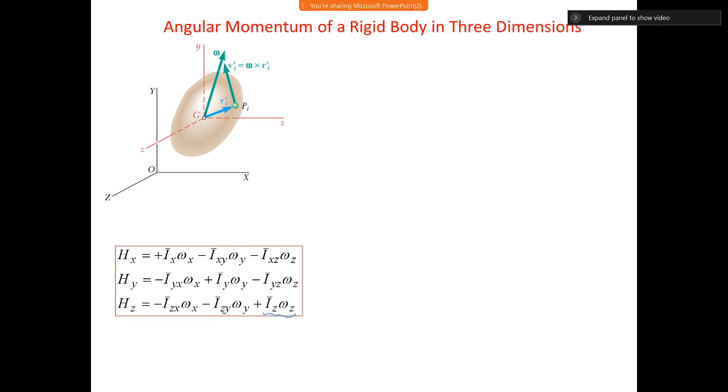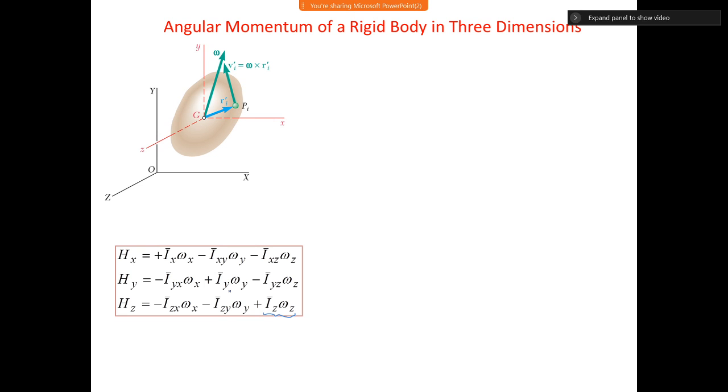But now, if the object is non-symmetrical, we will have the product of inertia terms as well. And in three dimensions, you will have omega x, omega y, omega z. Therefore, the relationship of angular velocity and momentum is going to be a complicated relation expressed something like this.